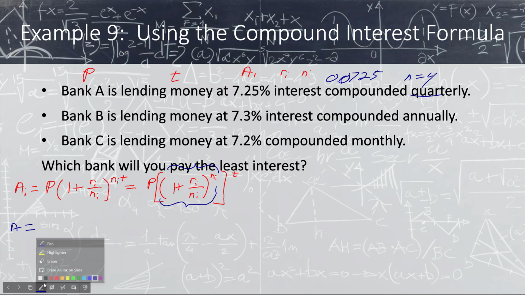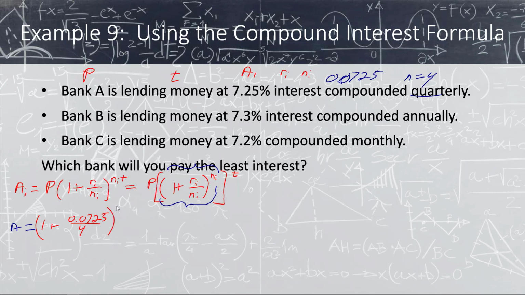All right, well, that's going to give me 1 plus 0.0725 divided by 4, all raised to the 4th power. And if I do that math, I will have 1.074495.